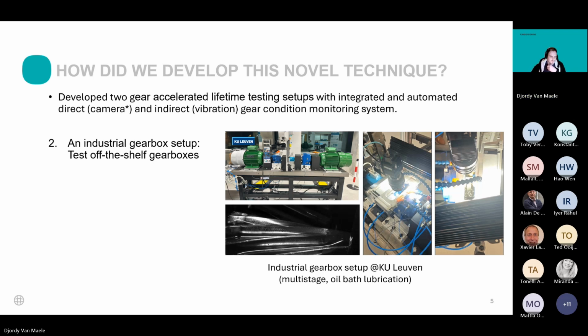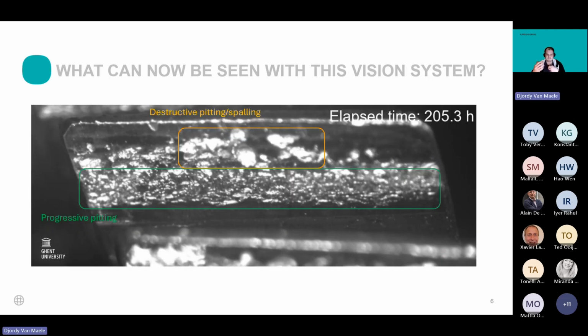Now, what can we really see with such a vision system? In this video, what you'll see is basically the evolution of a single tooth over time. I will be highlighting some of the things we can actually notice during this.